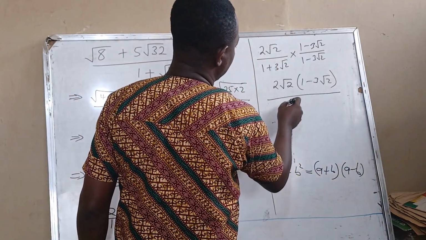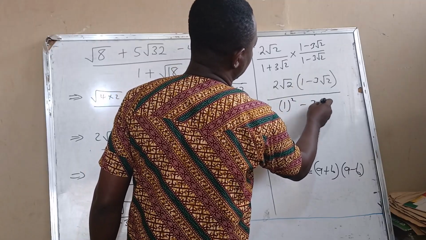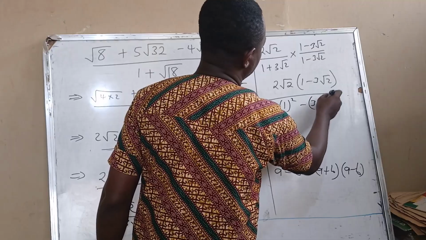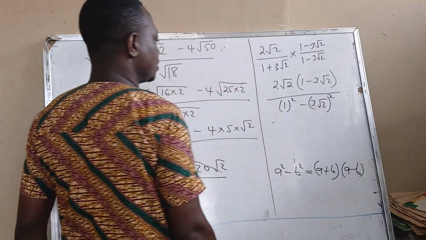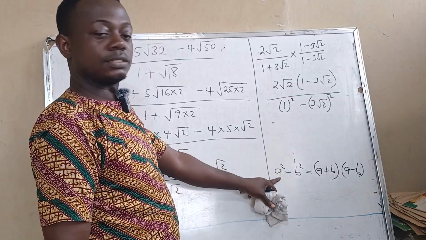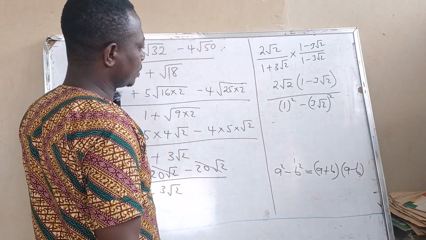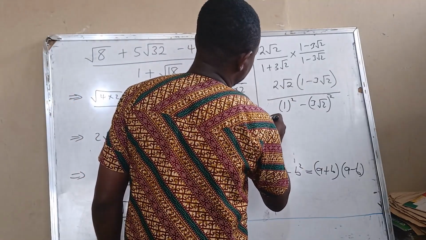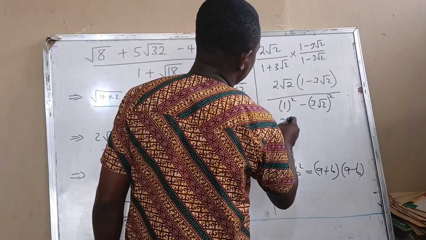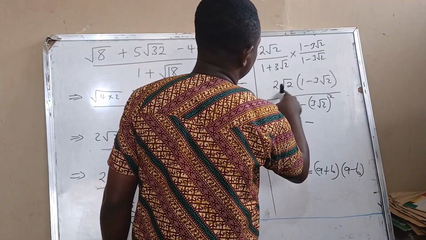Okay, so this one, I won't waste time, so I'll pick 1 squared minus 3 root 2 all squared. Remember, in the previous video I made mention of this one, so you can go back and check that, okay? So from here, you have 2, this one times 1 minus this one times that.